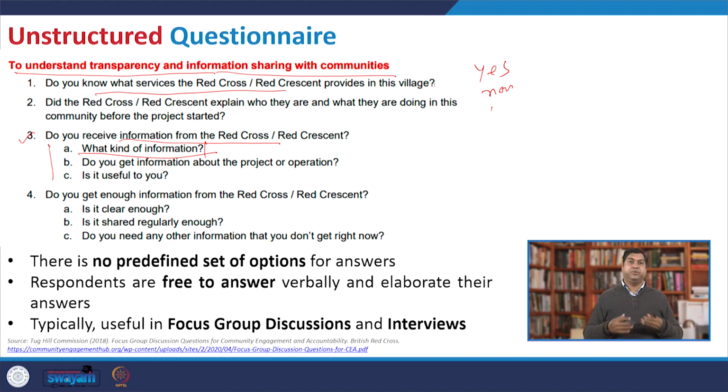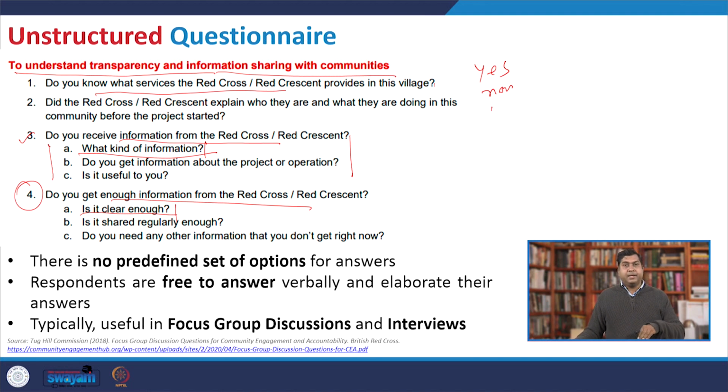So like that we try to assess the reach of that kind of mission, and then we can do the study. Similarly, the fourth question, do you get enough information from this? If yes, is it clear enough that information is available, but whether it is easy to follow, easy to understand? So those kind of things are also required.